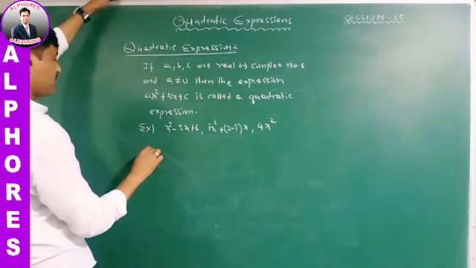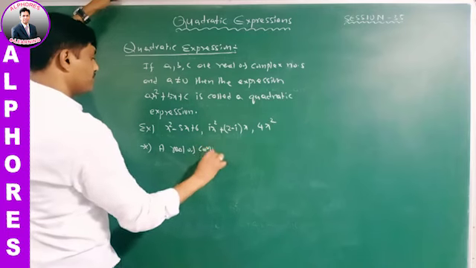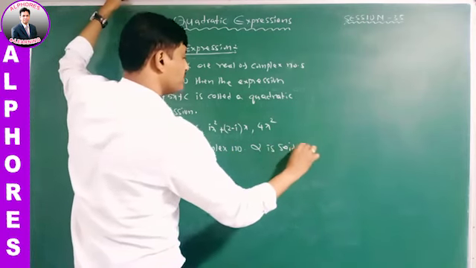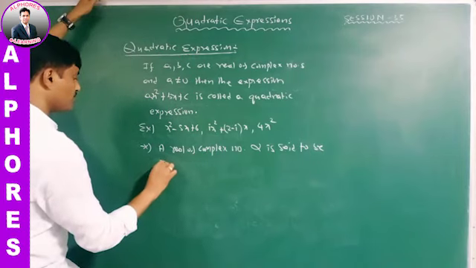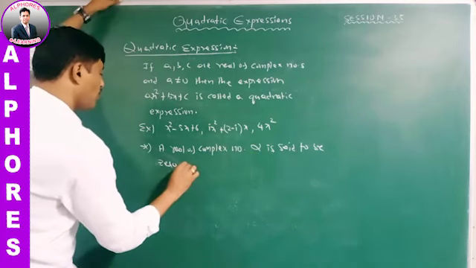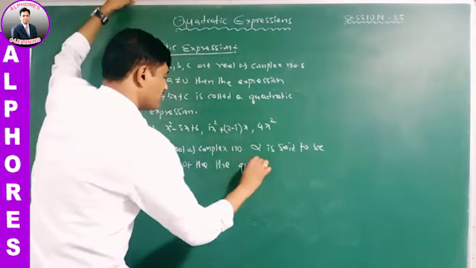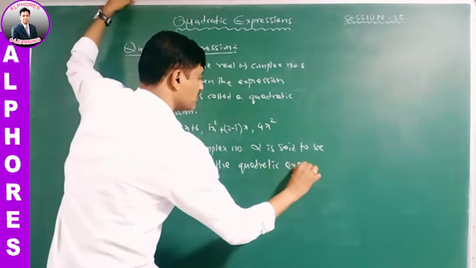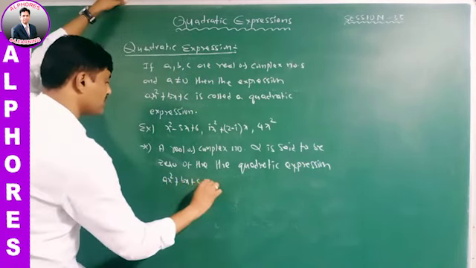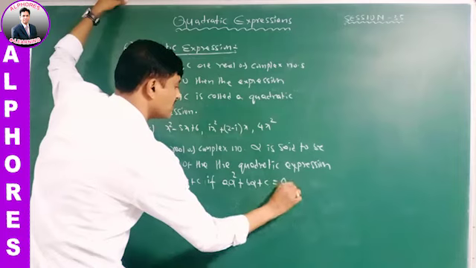Next, a real or complex number alpha is said to be a zero of the quadratic expression ax square plus bx plus c if a alpha square plus b alpha plus c is equal to 0.